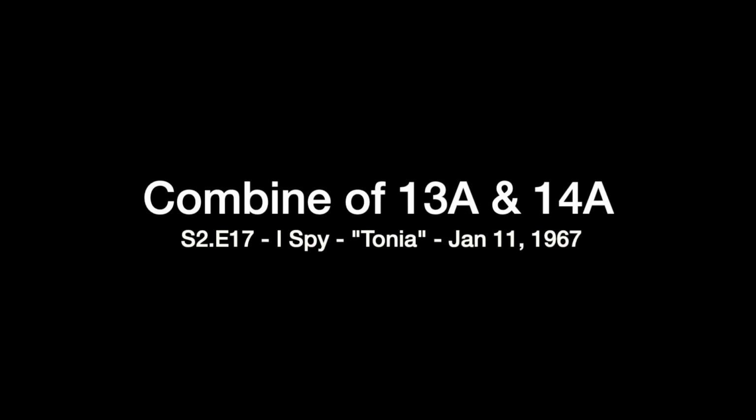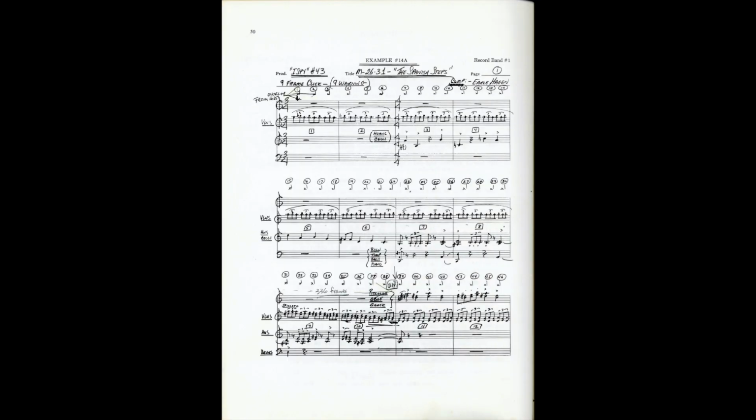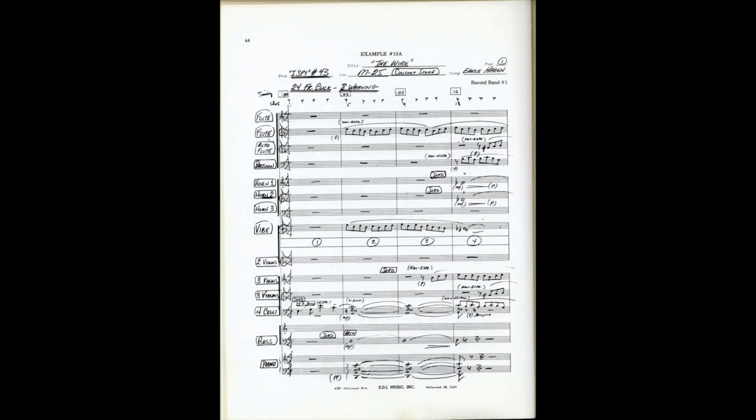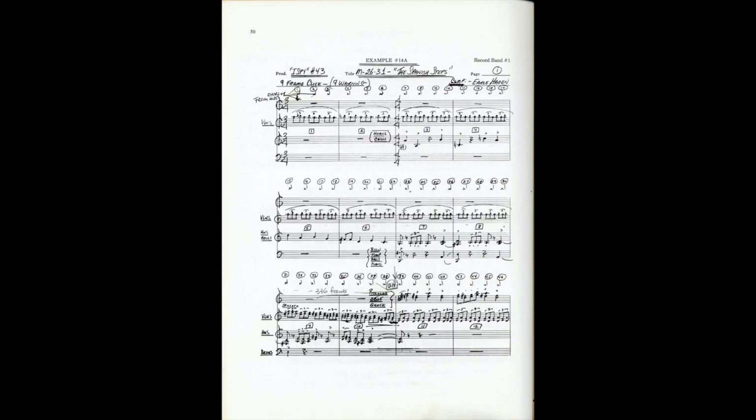The third part of this process is the combine of examples 13A and 14A. This combine is achieved by building the first part, example 13A, on one reel, an A reel, and the second part, example 14A, is built on a second reel, a B reel, the first 46 seconds of which are filled with blank leader.